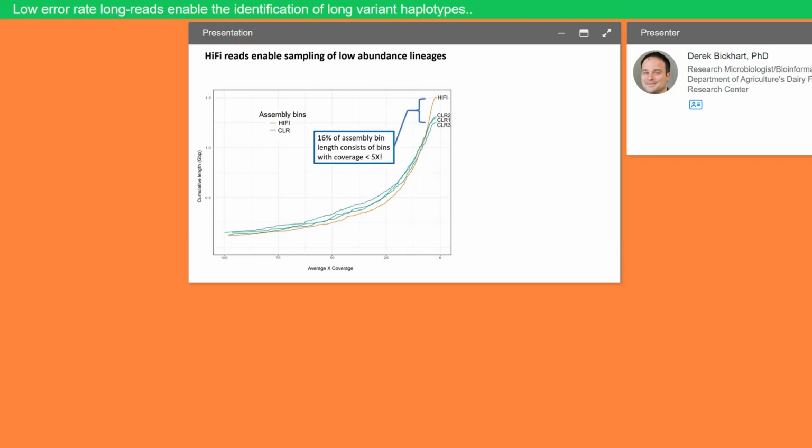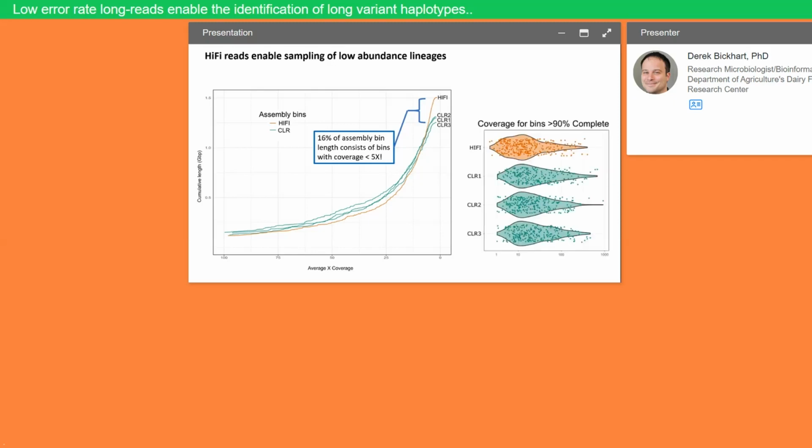We actually found that 16% of the length of the HiFi assembly was in bins that had less than 5x coverage of short reads. But does this mean that we're just assembling a bunch of low abundant species and they're not really resolved very well and not very complete?